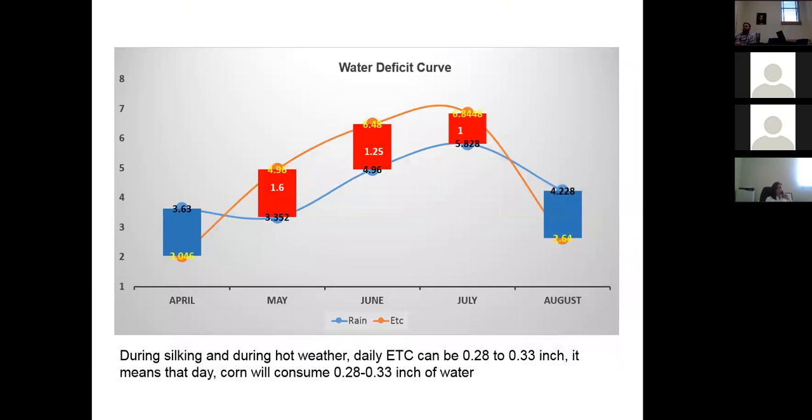During silking and during hot weather, the daily transpiration or water requirement for corn can be between 0.28 and 0.3 inches per day.